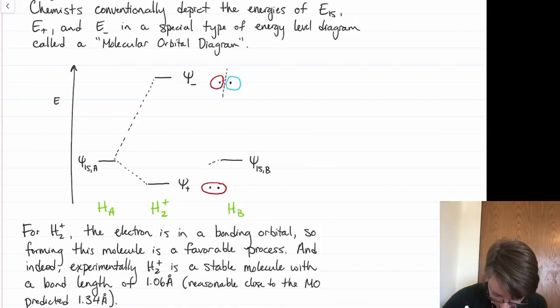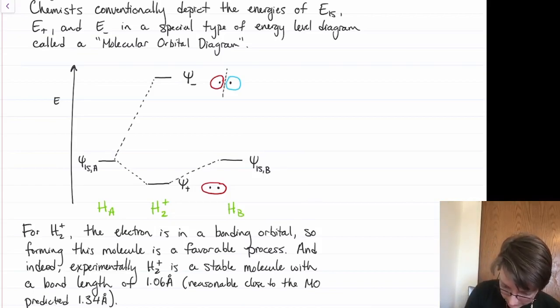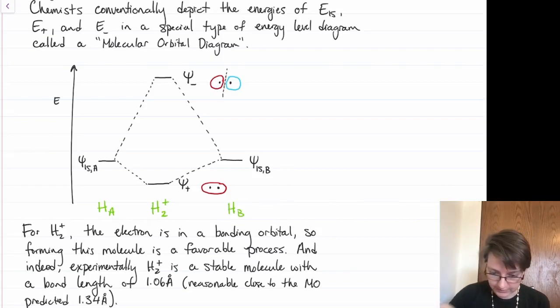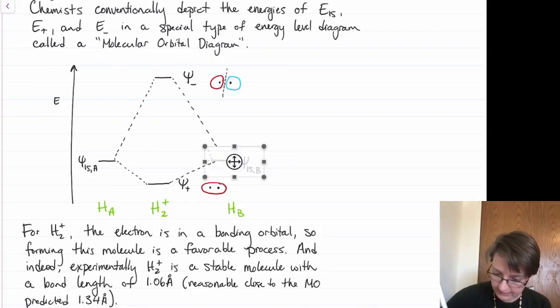And so since both of my atomic orbitals are contributing to both of my molecular orbitals, these are the dotted lines that I'm going to draw on this molecular orbital diagram. I'm going to try and scooch this just in a little bit closer so that it looks symmetric.